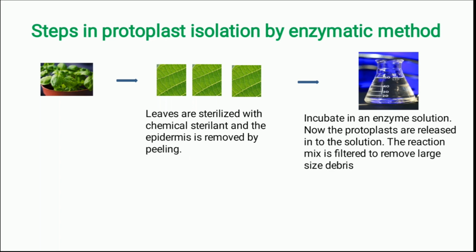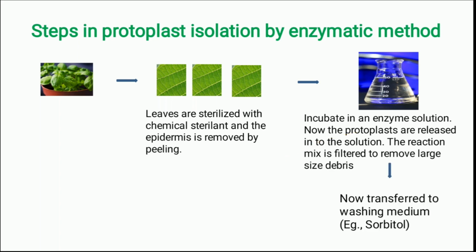Then these tissues are incubated in the enzyme solution containing cellulase. After a certain time of enzymatic reaction, large organic debris is filtered out and the protoplasts are transferred to a washing medium such as 3 to 13% sorbitol solution. Then the protoplasts are separated by centrifugation.